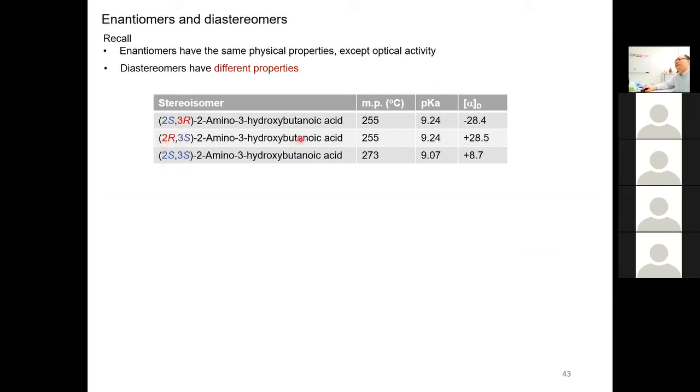And you can see it has almost totally different properties from the enantiomers. The melting point is much higher, the pKa is a little bit lower, and the specific rotation has nothing to do with these two numbers. So if two compounds are diastereomers, they have totally different properties.